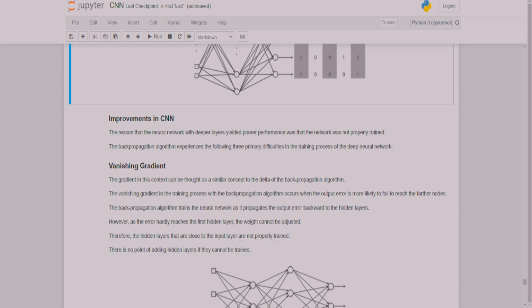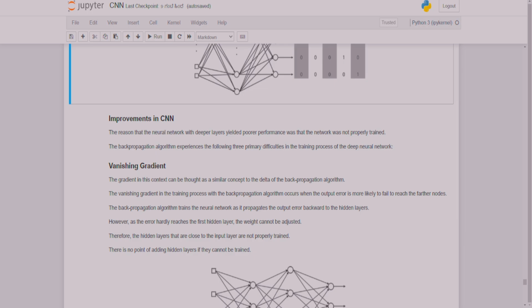The first problem, when I'm simply increasing the number of layers, say I have 10 layers and I increase to 50, what exactly is going to happen? The first problem that we face is called the vanishing gradient problem. Initially people had no idea about this.